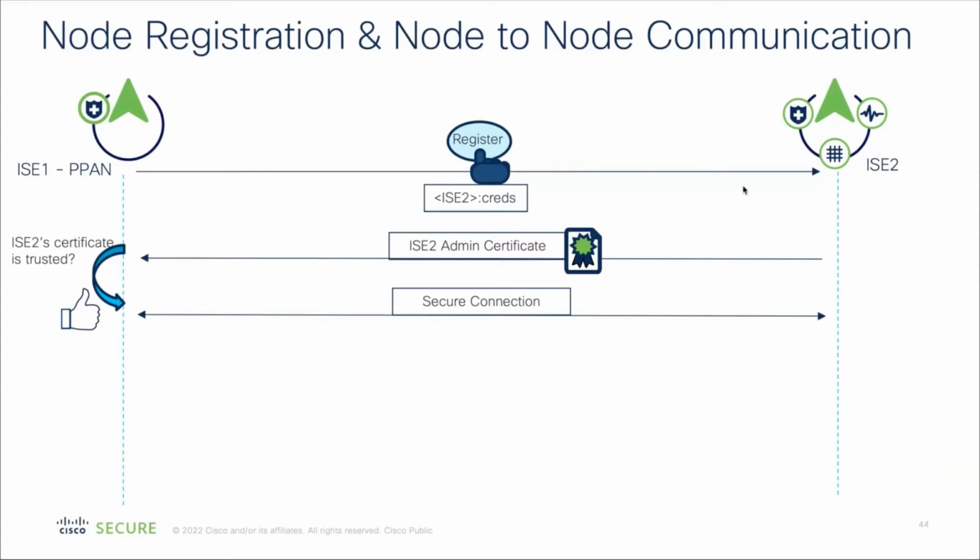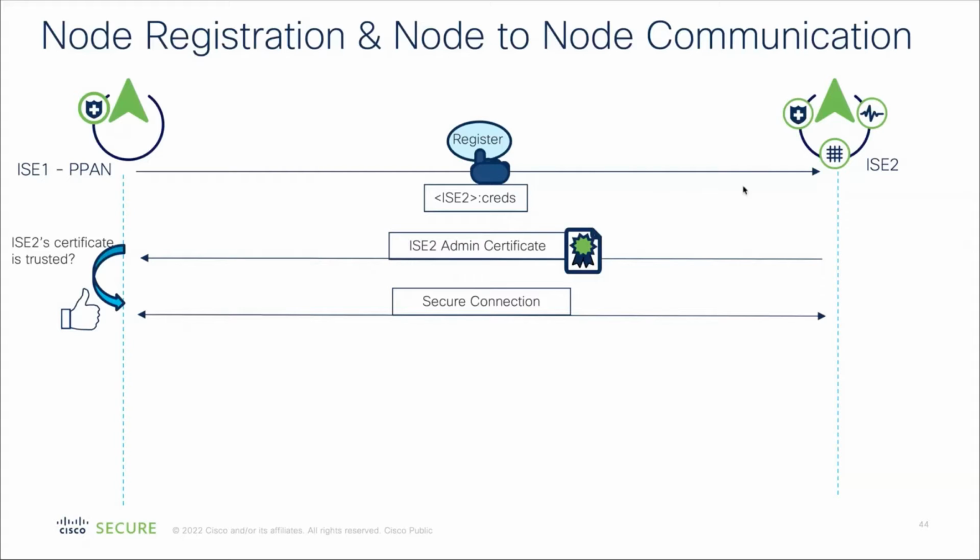Especially when you are talking about registering a self-signed certificate node like ISE2, the self-signed certificate usually will not be there in the PPAN. Do I have to import the ISE2 certificate before the registration happens? It was necessary long back, but it is not necessary now. With the easy registration process, the admin is going to be notified in order to import the ISE2 self-signed certificate.